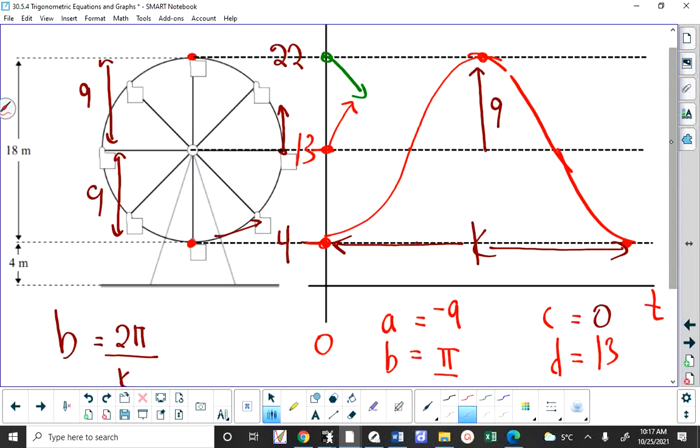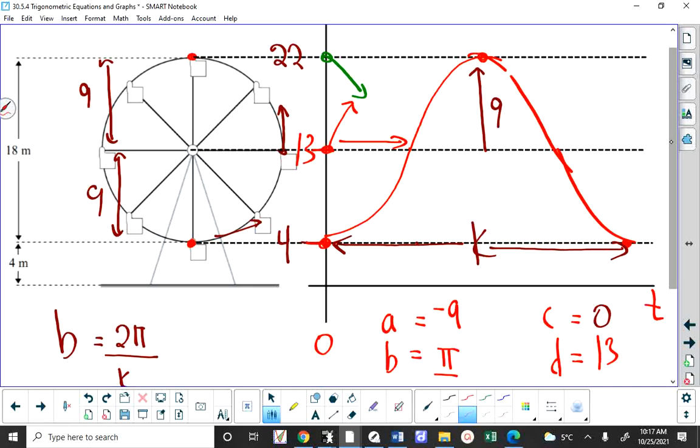B would still be pi over 5, but you would have to use c equals that distance to shift sine from its run-of-the-mill start point to where this graph starts. And that's 1/4 of the period. You would have to add 2.5 to that point.